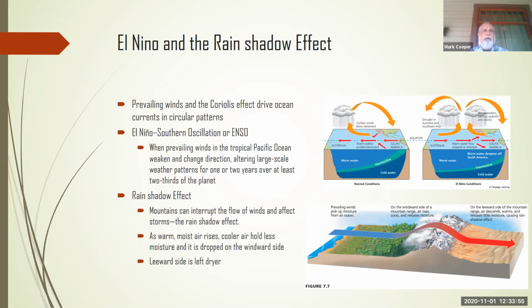That's why we have the deserts located where they are here in Southern California, on the other side of the mountain range. Much of their rain is actually tropical storms that blow up from Texas and the Gulf of Mexico and places like that. So that's called the rain shadow effect.